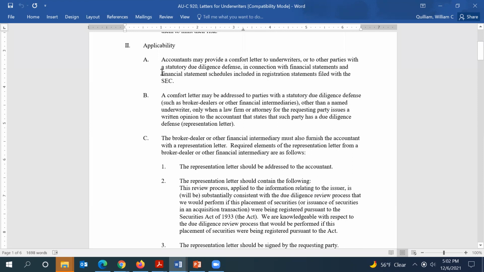So the applicability, I mentioned the due diligence that we have. Accountants may provide a comfort letter to underwriters or other parties with a statutory due diligence defense, like some broker-dealers, in connection with financial statements and financial statement schedules included in registration statements like Form 10-K filed with the SEC.